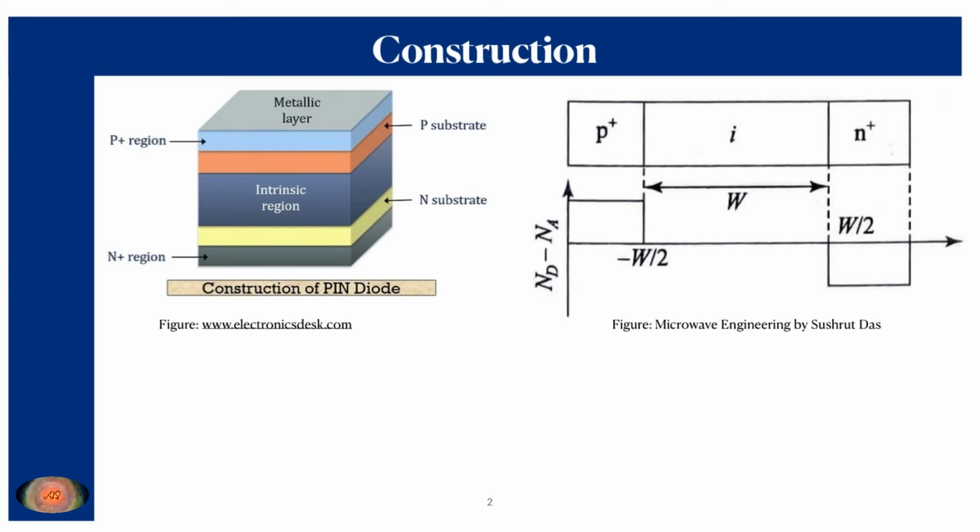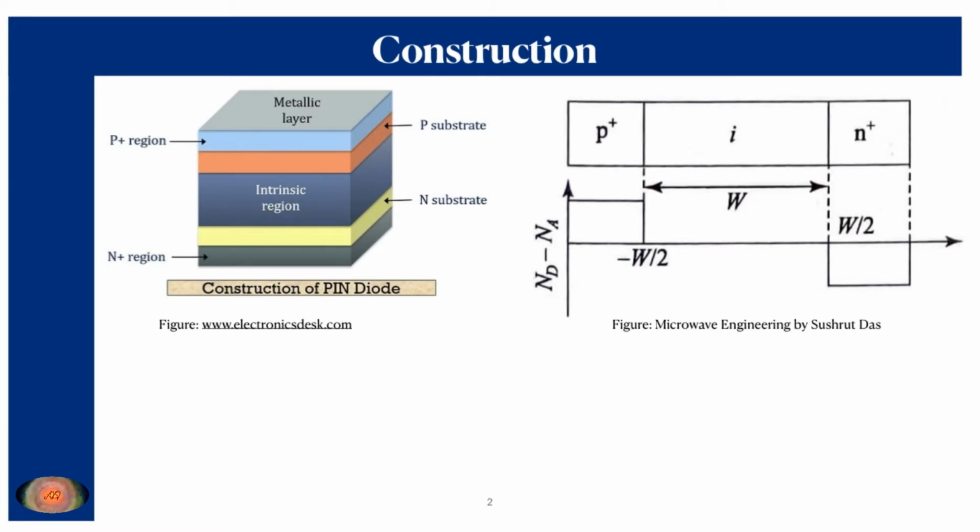Generally, a pin diode can be constructed in two ways, either by the mesa structure or by the planar structure. In the case of mesa structure, a previously doped N-type semiconductor is grown over one side of the intrinsic region, whereas a previously doped P-type semiconductor is grown over the intrinsic region, that means on the other side of the intrinsic region.